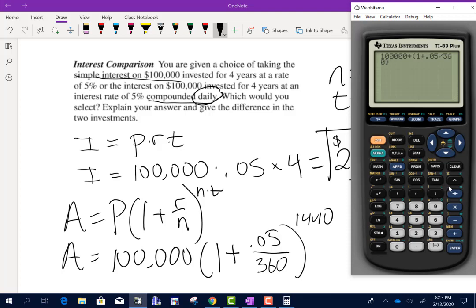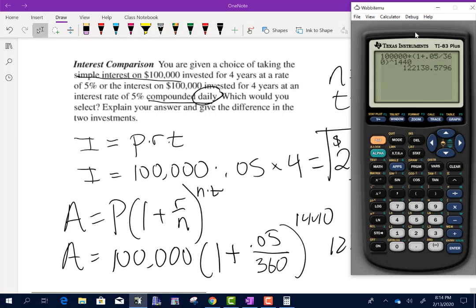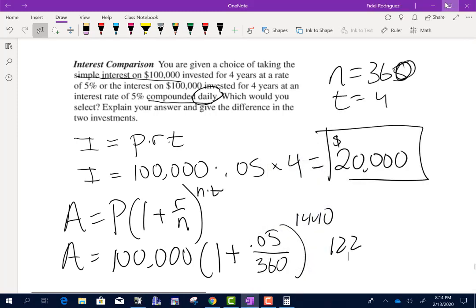Close my parentheses. Raise it to the power of 1440. There we go. Okay, and so I'm coming up with $122,138.58. So let me write that number down. 122,138.58.